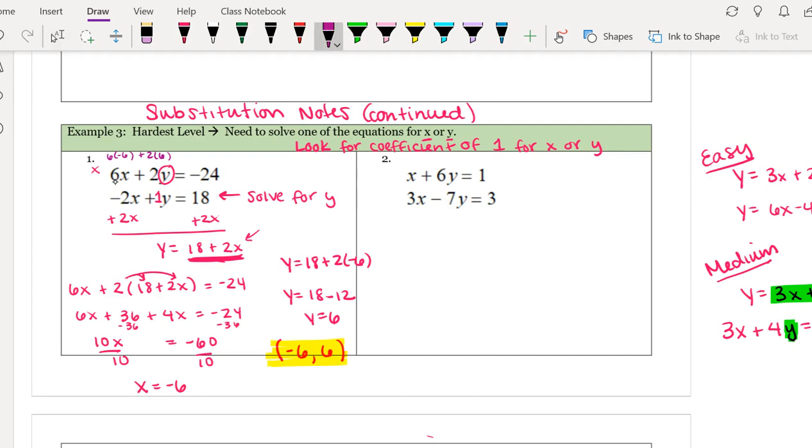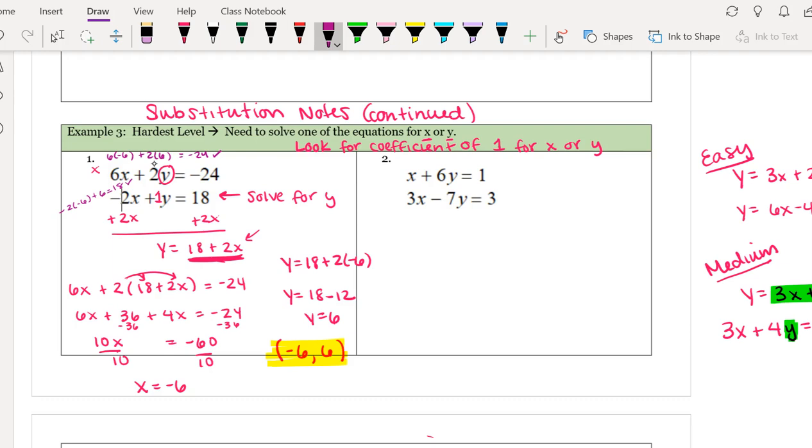Sorry. Negative 36 plus 12 is negative 24. So that one checks. And then if I do negative 2 times negative 6 plus 6, that's 12 plus 6 is 18. And so that one checks as well.